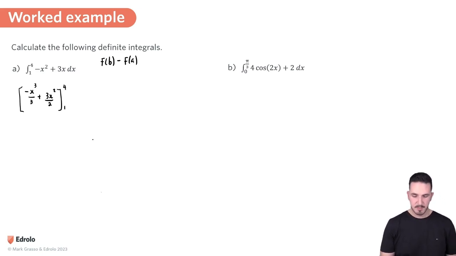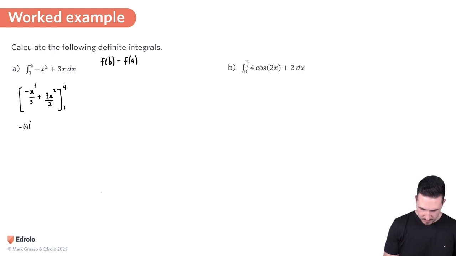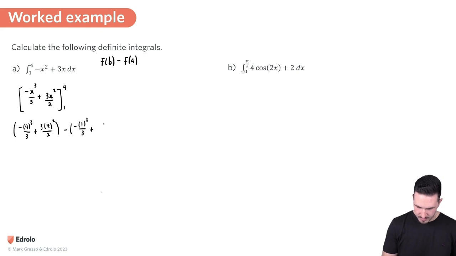Now we're going to substitute our upper bound first. This becomes negative 4 cubed on 3 plus 3 times 4 squared on 2, minus negative 1 cubed on 3 plus 3 times 1 squared on 2.